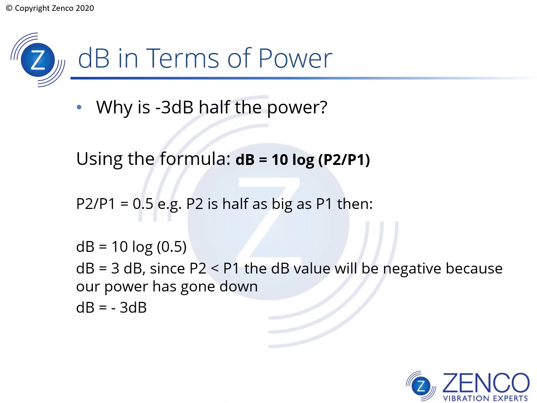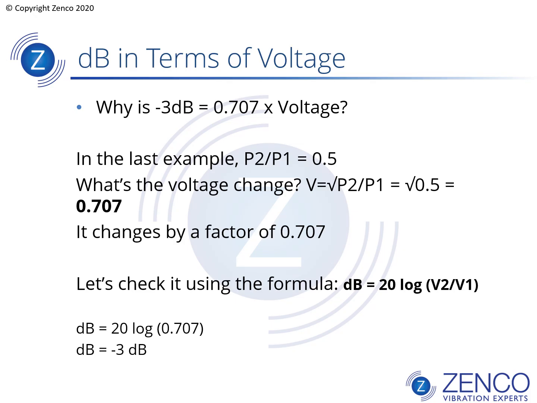So let's plug that into our equation. We have dB equals 10 times the log of 0.5. And when we put that in our calculator, we get negative 3 dB. And it's negative 3 dB because the power is going down. We're reducing the amplitude.